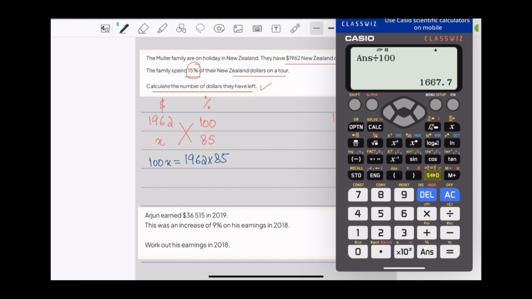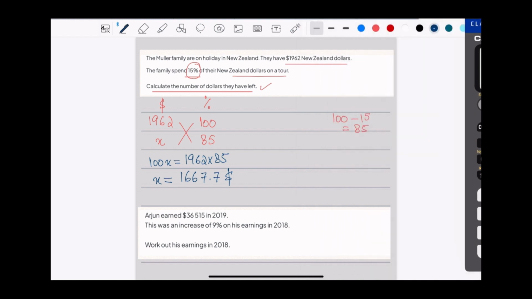And after solving it out, I get x is equal to $1667.7 remaining with them.